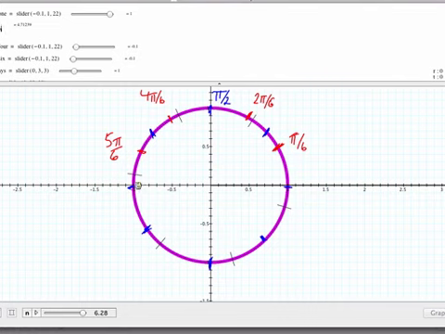What's 6 pi over 6? Pi. 7 pi over 6. 8 pi over 6. 9 pi over 6. 10 pi over 6. 11 pi over 6.